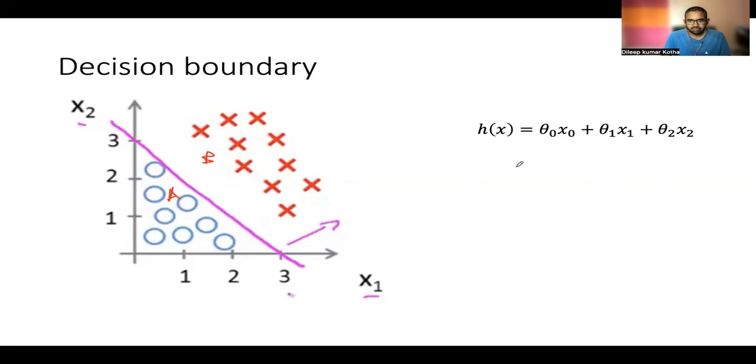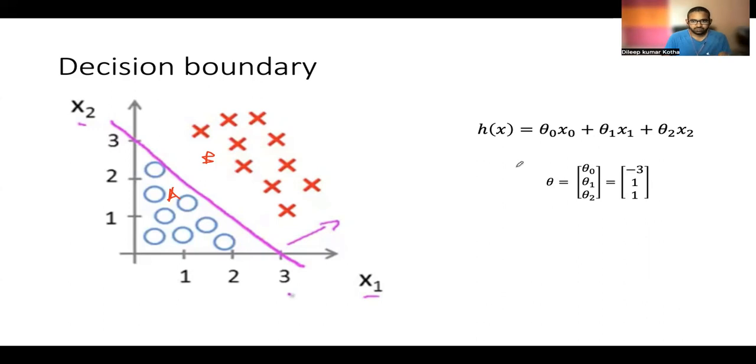Let's suppose we derived the values of theta and we got theta 0 is minus 3, theta 1 is 1 and theta 2 is 1. Now, this will give us our hypothesis. Remember, I was telling earlier, if our hypothesis is negative, it belongs to the first class. If it is positive or equal to 0, it belongs to the second class.